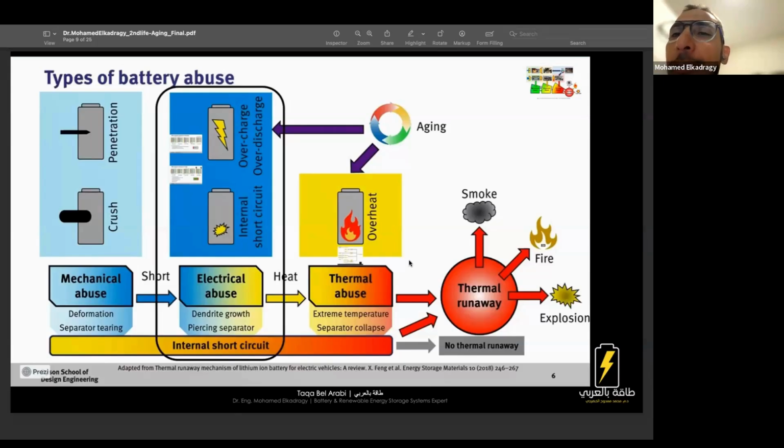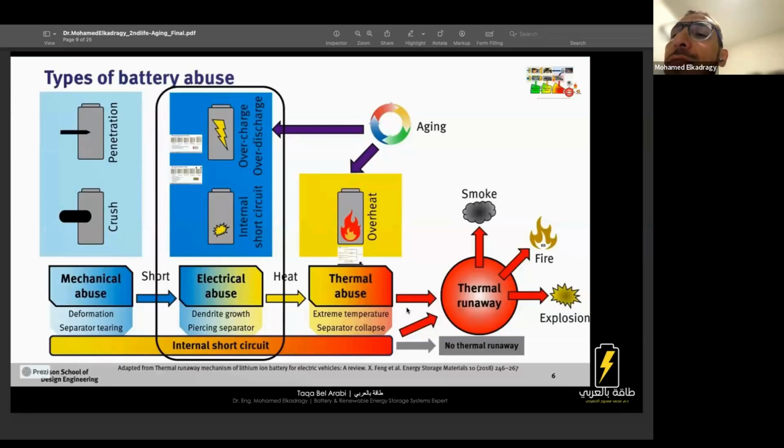Mechanical abuse is mainly crushing or penetration. Electrical abuse can be triggered through aging, or forced through overcharging or internal short circuits, whether from manufacturing or dendrite growth. And thermal abuse is overheating or having my cell not in the right condition of operation.